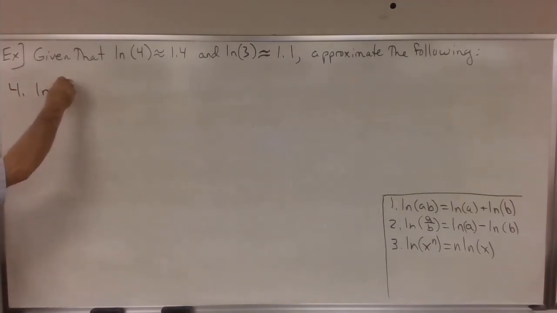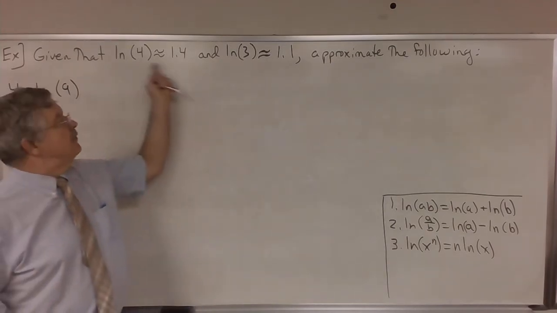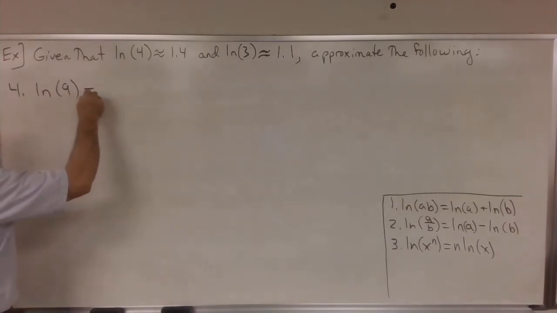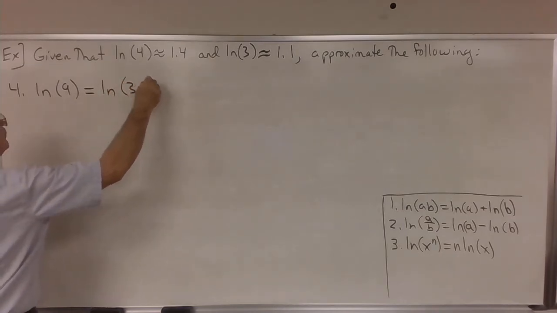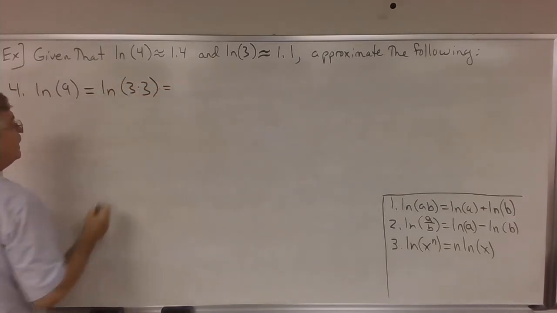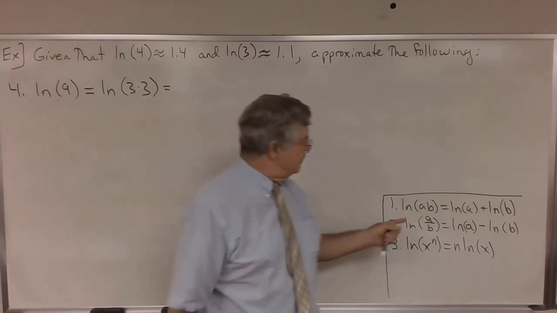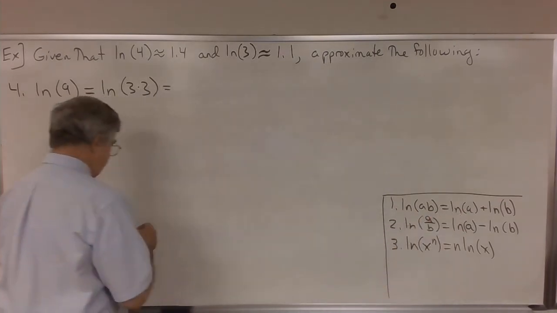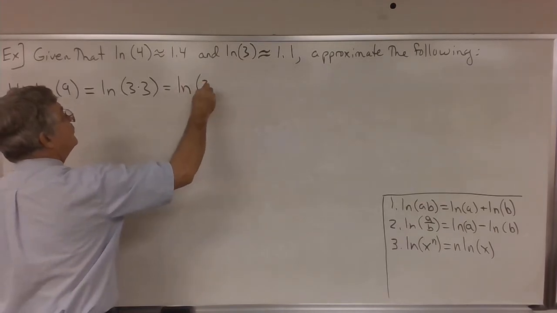Natural logarithm of 9. If we have a prayer of computing this, we've got to write it in terms of 4 and 3. And one way that we can do this is to say that 9 is 3 times 3. And then we can use property 1, which tells us how to compute the logarithm of a product. The logarithm of a product is the sum of the 2 logarithms.